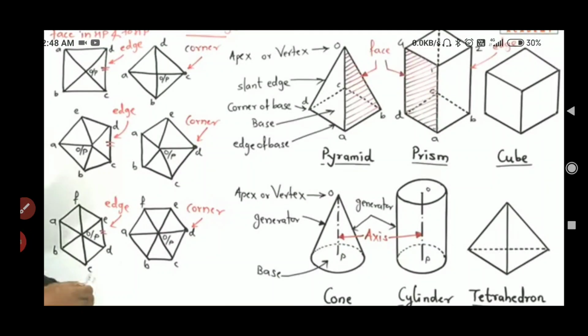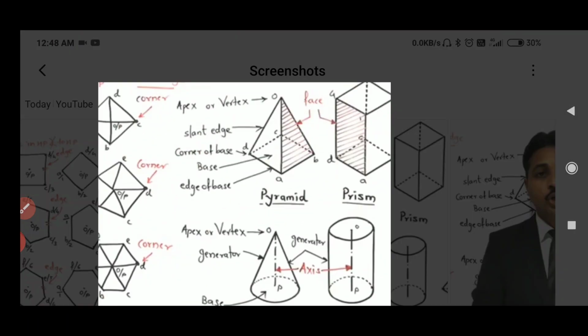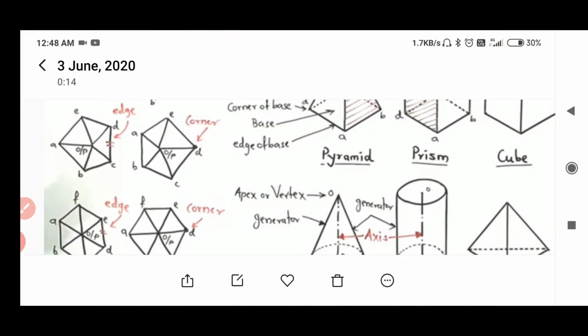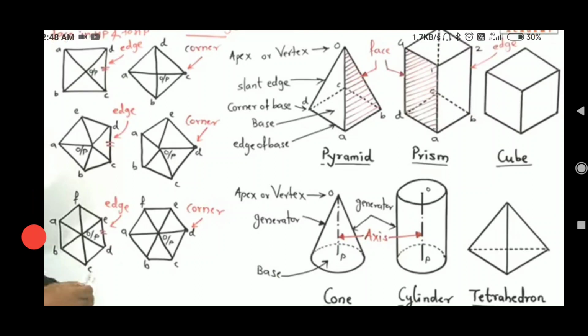So in my last video, my first video on the introduction of projection of plane, I missed this tetrahedron structure.